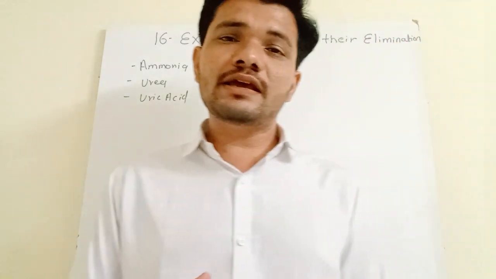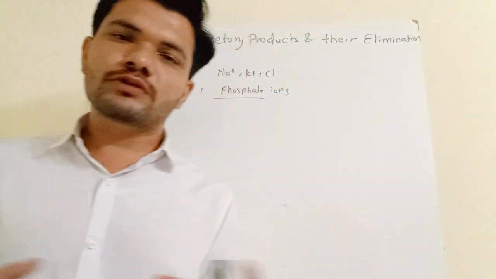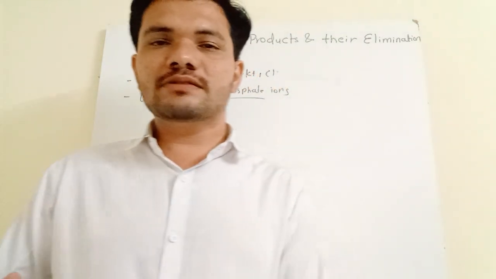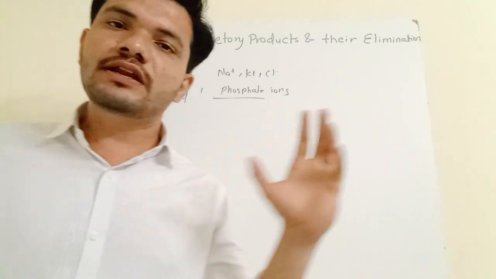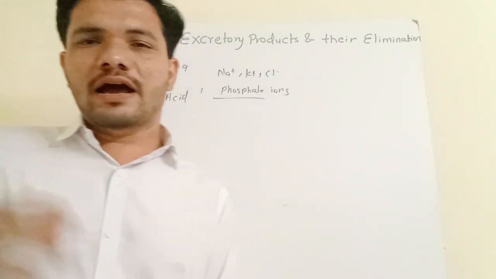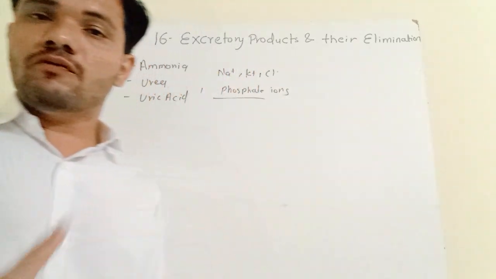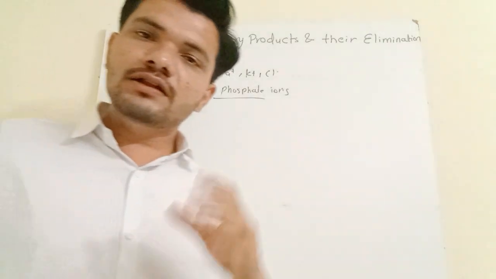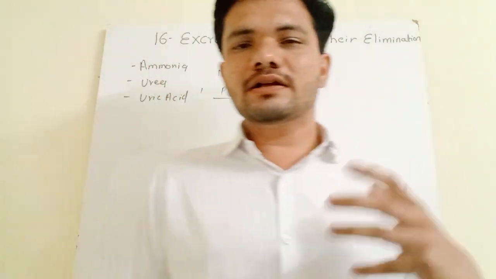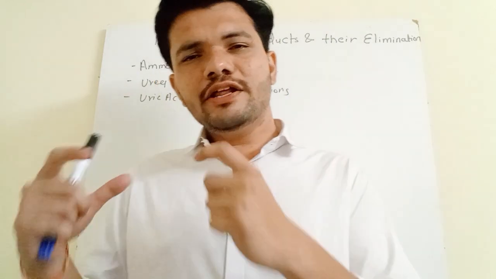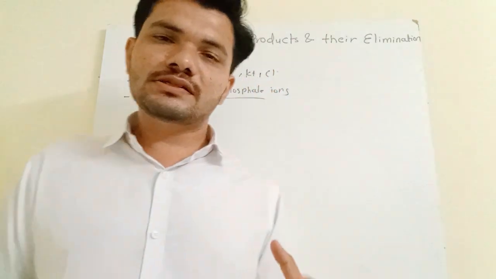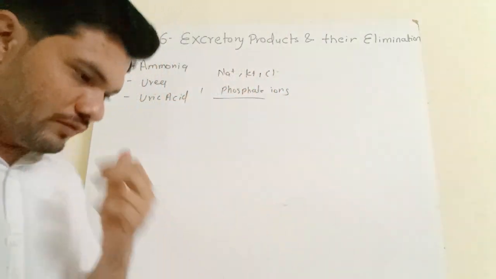So it is necessary to remove all these wastes from time to time. So they have some systems or organs to eliminate these wastes. In higher organisms, the kidney performs such a function, and in lower organisms there are tubules or some other organs to eliminate these kinds of waste.